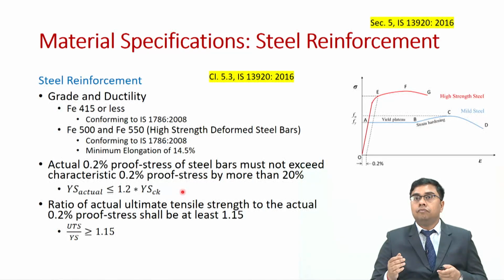That is why we want our actual 0.2% proof stress of steel bar to be within 20% plus of the characteristic value.